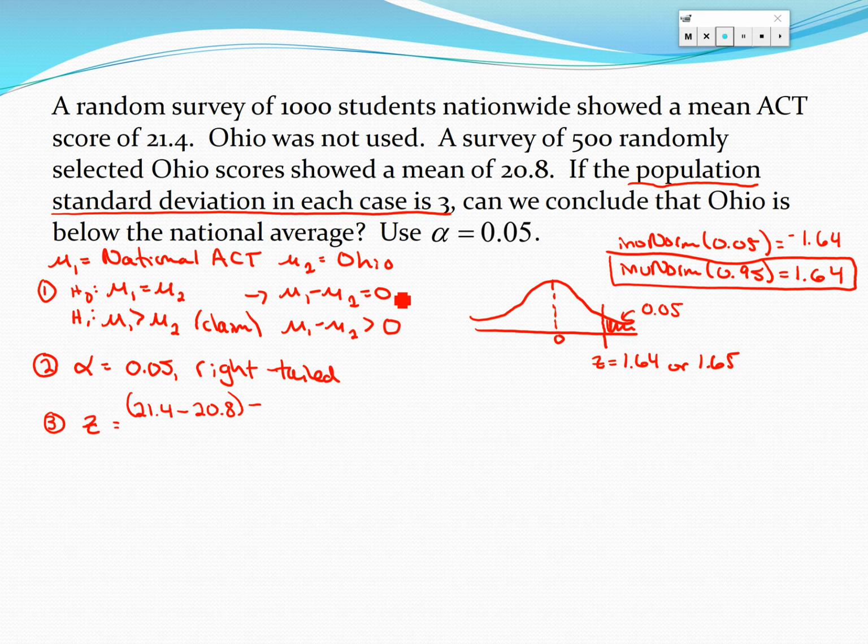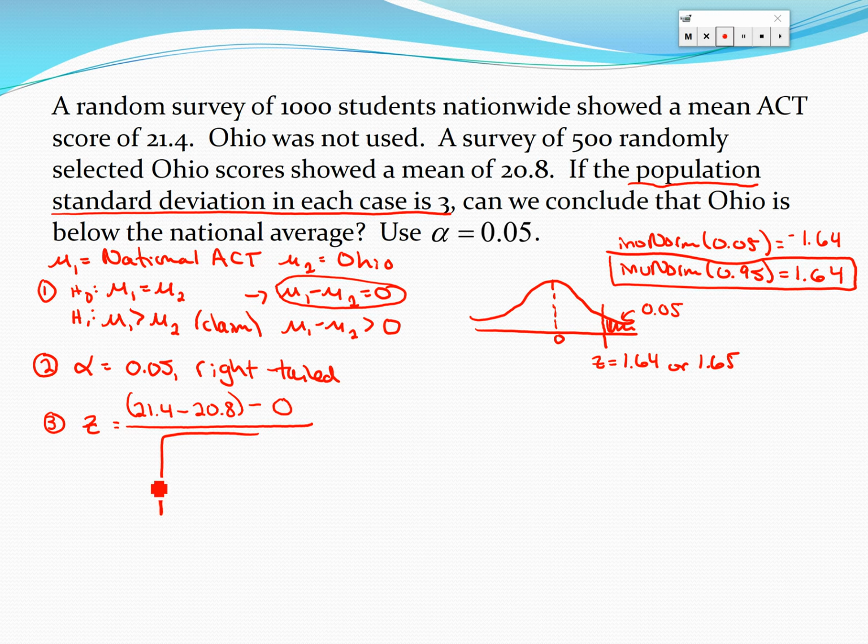We're not given a specific difference, so it's just a 0 in there. If you are not given a specified difference, like we're not looking for the difference in the averages to be at least 2 points, we just use 0.